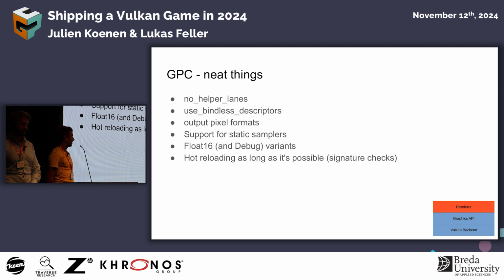Static samplers are also supported pretty easily with that. As you may know, in Vulkan it's a bit weird to get those working, but with GPC we managed to hide all that in the backend or helper code, and you can just use them the same on every platform. We have limited support for generating different pipeline variants based on, for example, whether float16 is supported by the GPU or not, and debug variants, which you can use as an ifdef debug to add code that you would only want to ship for debug builds.